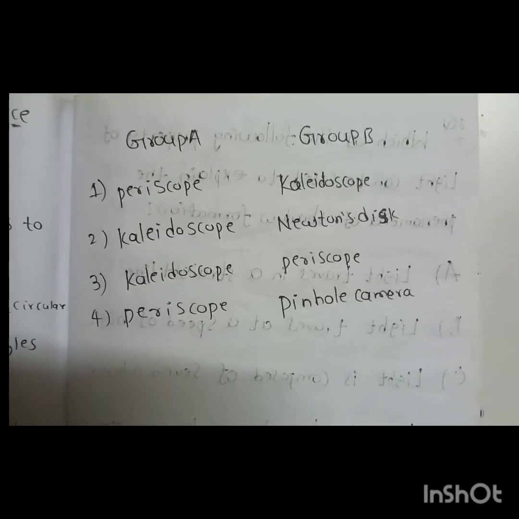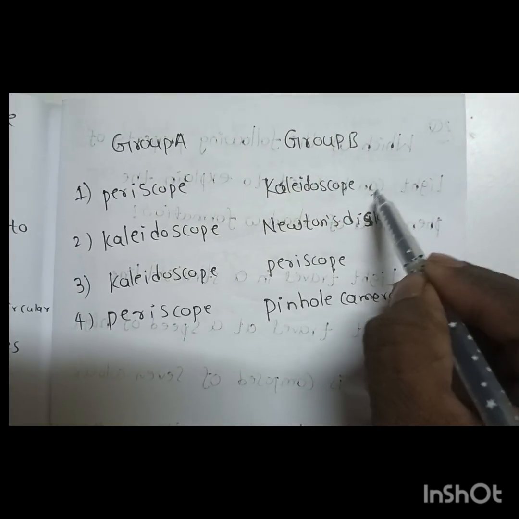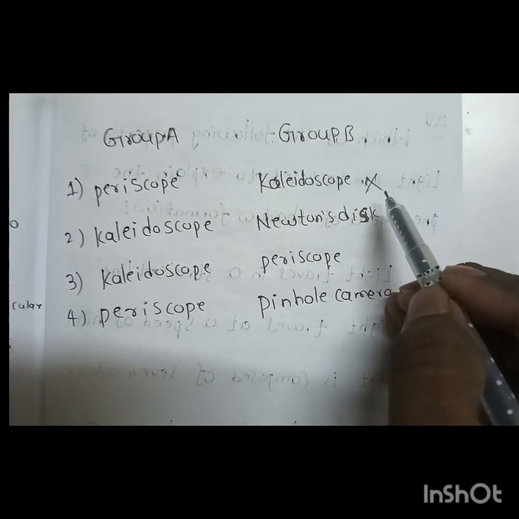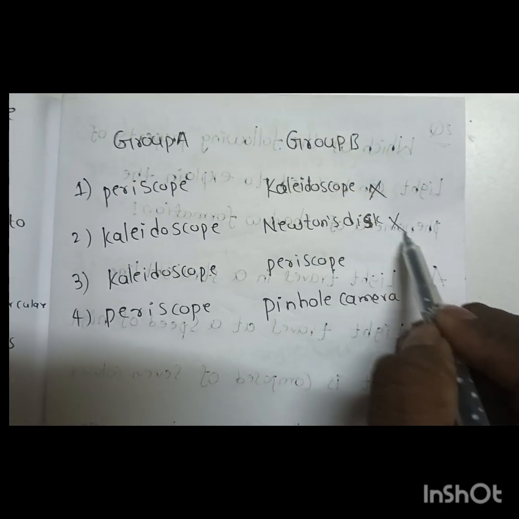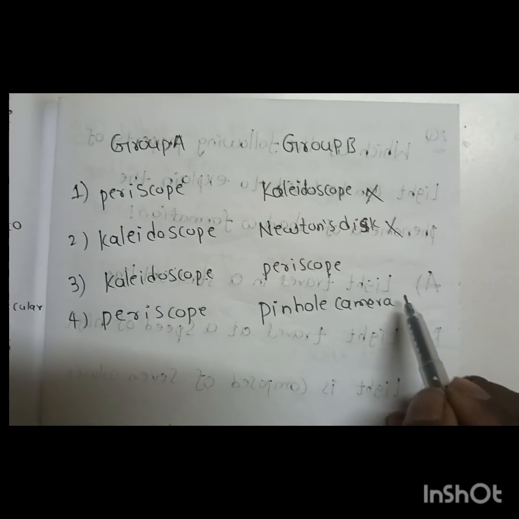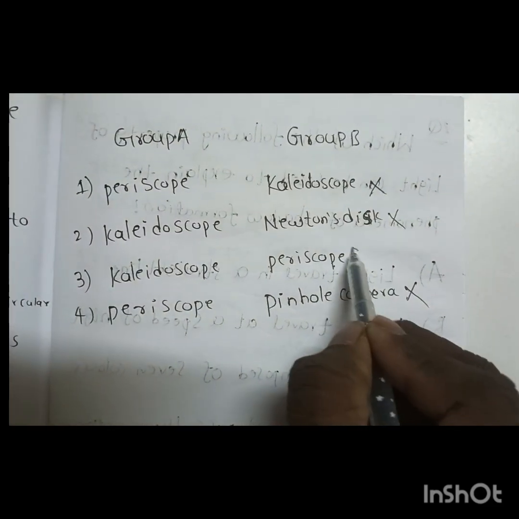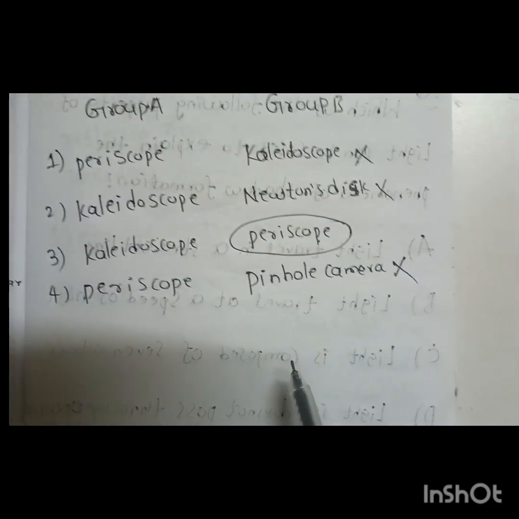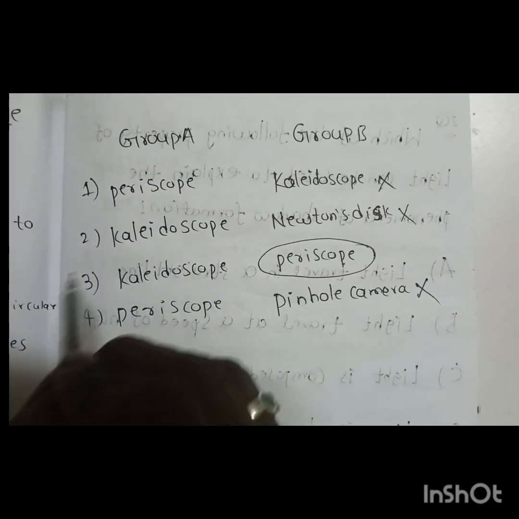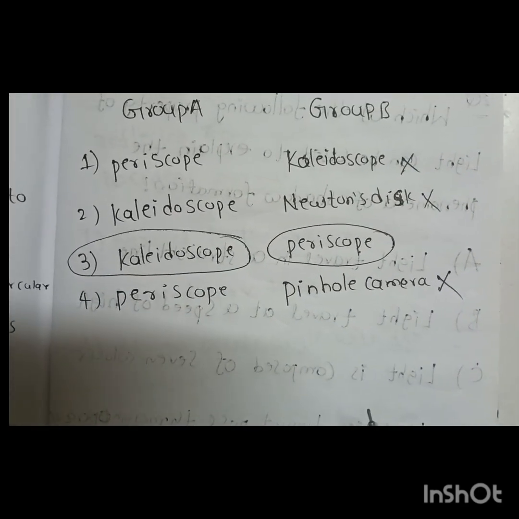So we can use the option elimination process here. This is not going to be done by group B, and this also is not going to be done. So pinhole camera also is not going to be done. So they can make only the periscope. According to that, option 3 is correct.